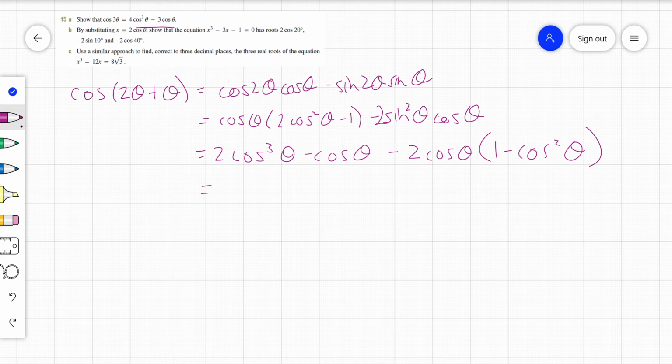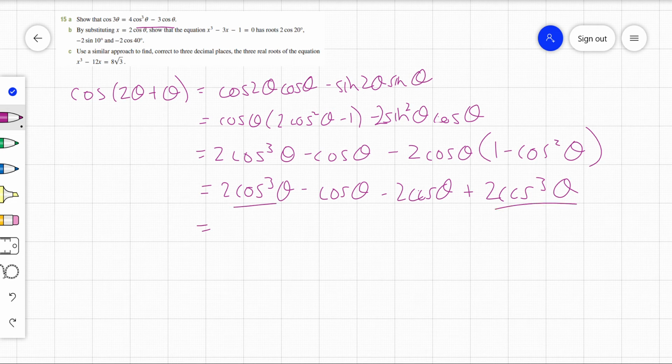So in the end we have 2cos³θ minus cos θ minus 2cos θ minus, which is a plus 2cos³θ. So we've got 4cos³θ and minus 3cos θ, which is what we wanted. So maybe practice that a few times because that seems to come up a lot.